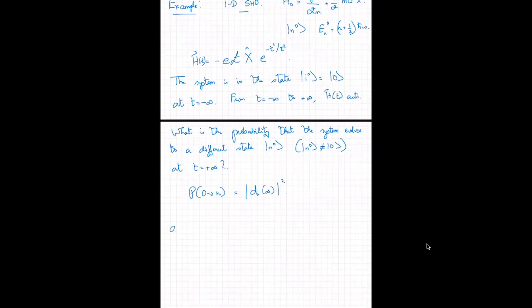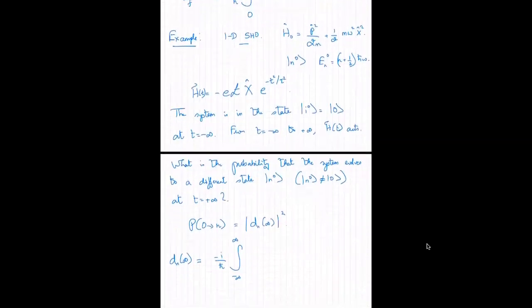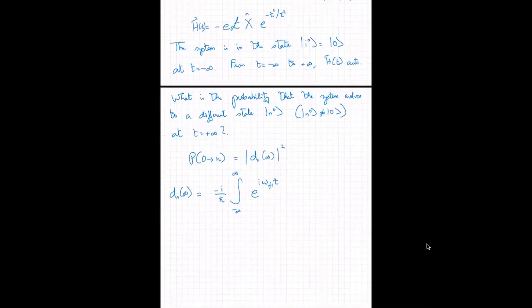The way I will calculate d_n is simply to use this formula that we have derived. This is minus i over h bar, integrated over the perturbation, which acts from minus infinity to plus infinity, right? And then e to the i omega_fi t. I'll use the same t here, I think it should be obvious.